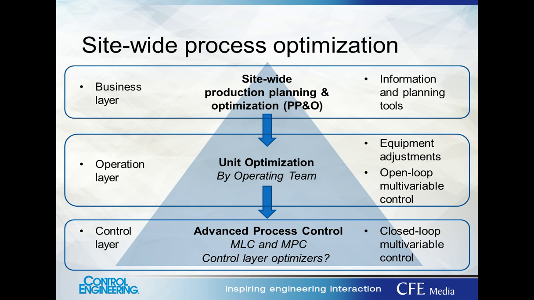One of the important, or most important, but I think poorly understood gray areas in conventional APC, in an area where I see change coming in the future. This diagram shows how process optimization normally occurs at an operating site.